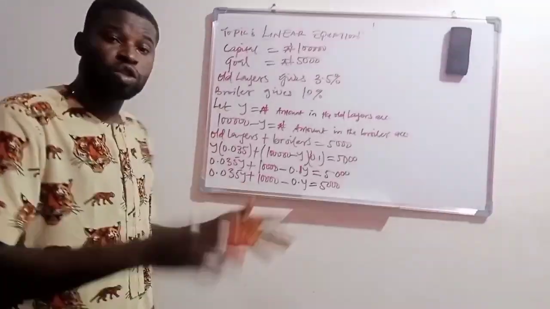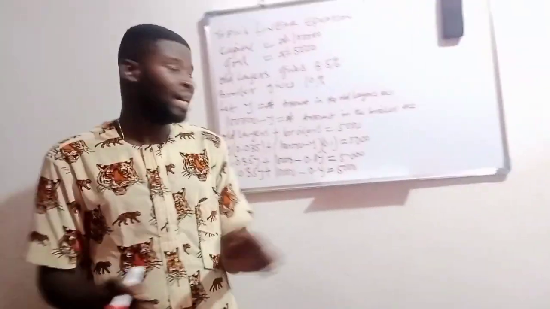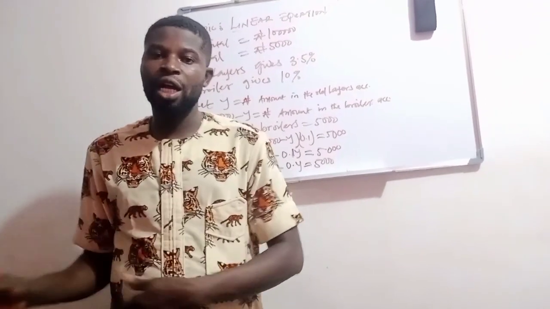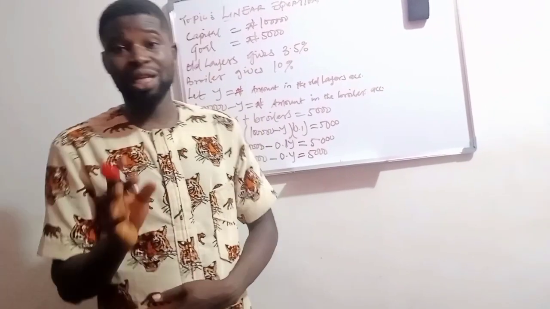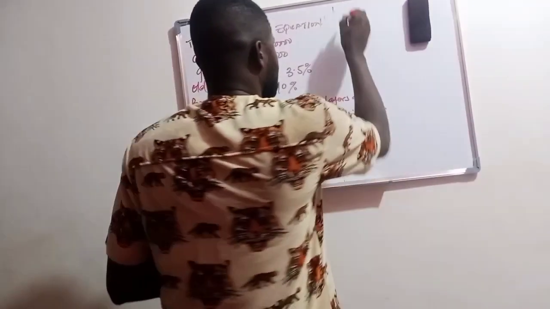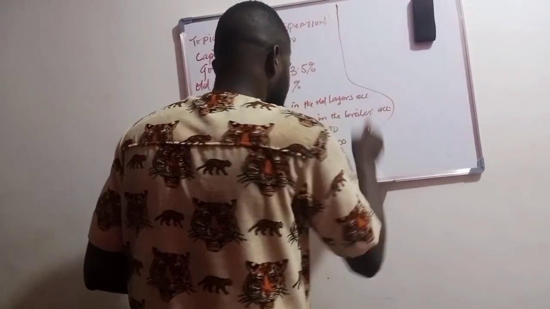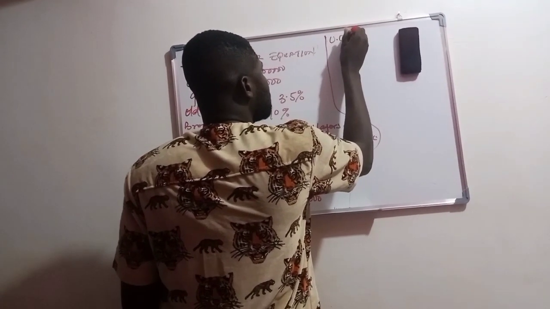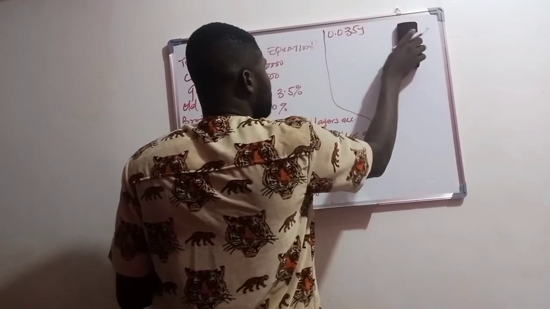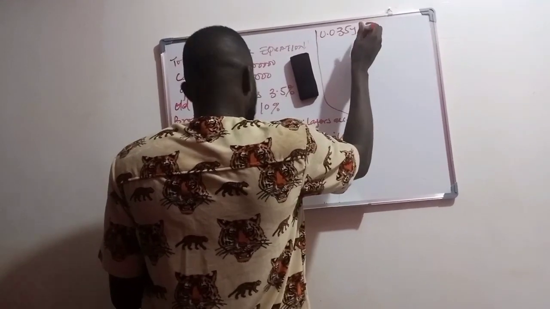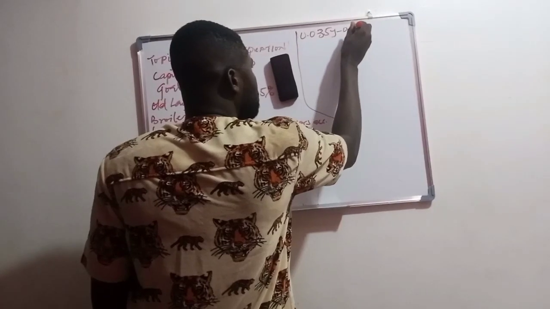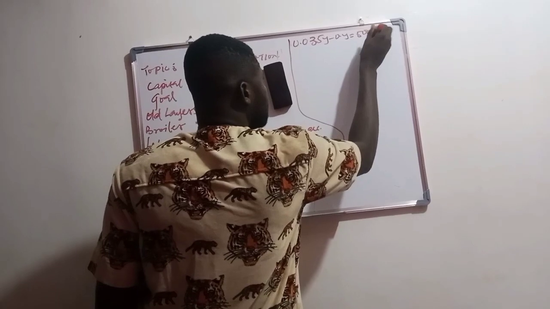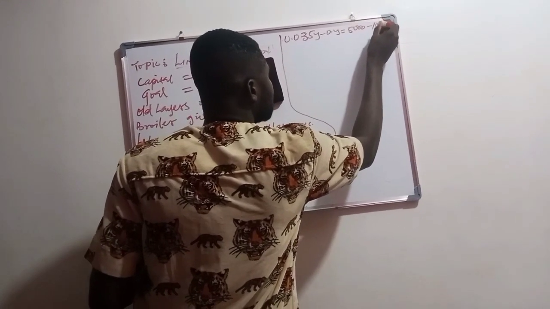Those having variables, you put them together, and those not having any variables, you also put them together. Did you get what I said? Now, let's go. 0.035y minus 0.1y is equal to 5,000 minus 10,000.